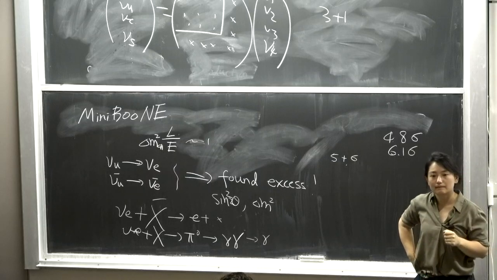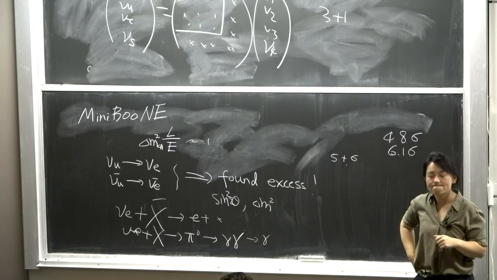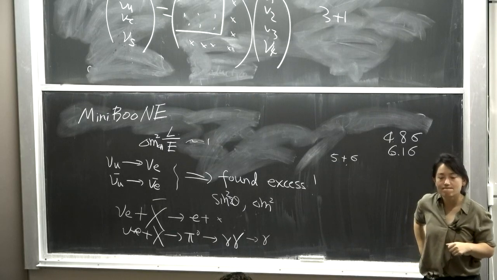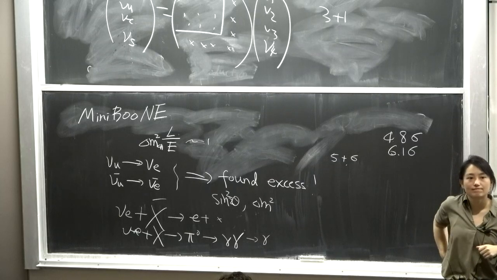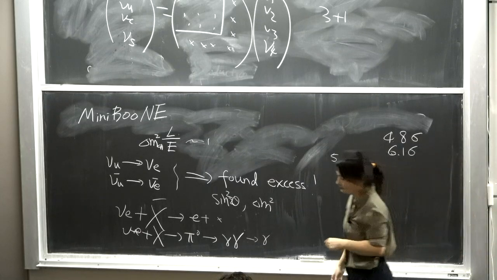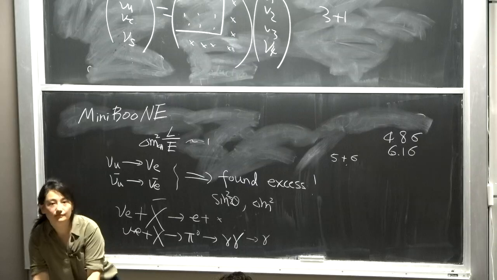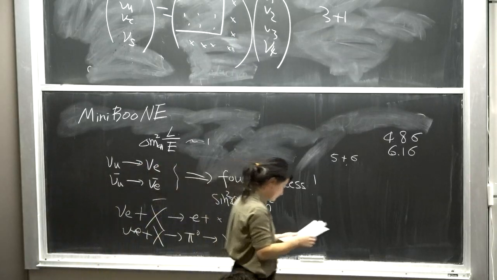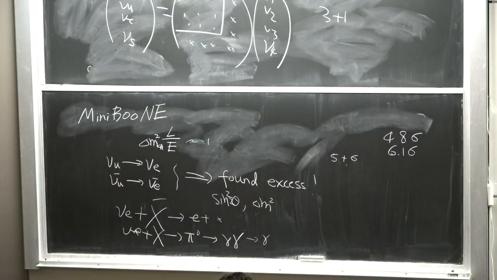Yeah. It's not a copy or something like that. You can have square, but here you just diagonalize the matrix. Okay, maybe we can talk more after.